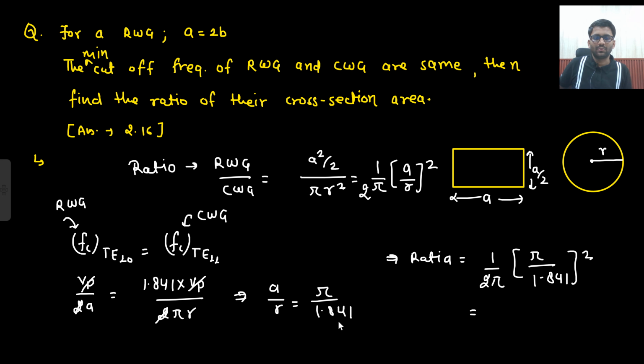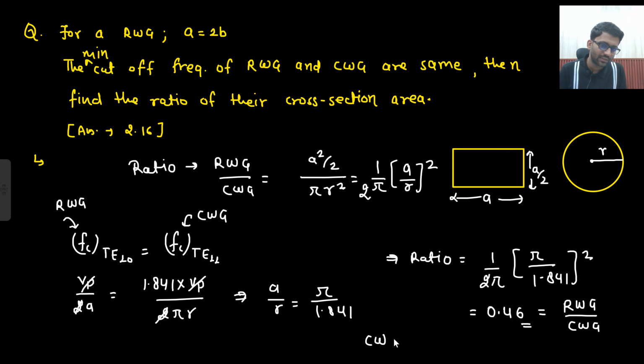So this ratio is coming out to be 0.46, but they did not give which ratio you need to calculate. So this is your rectangular waveguide divided by circular waveguide.